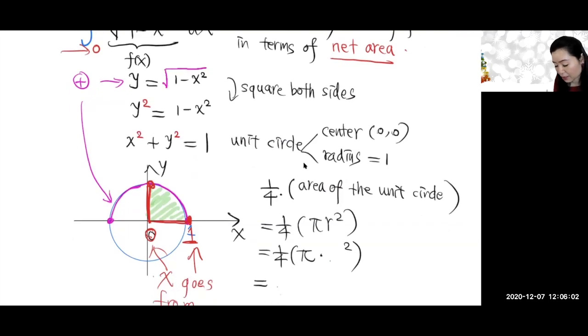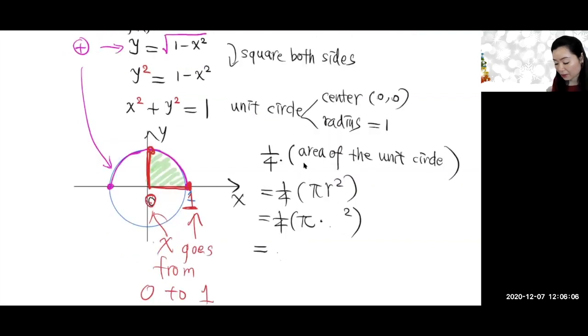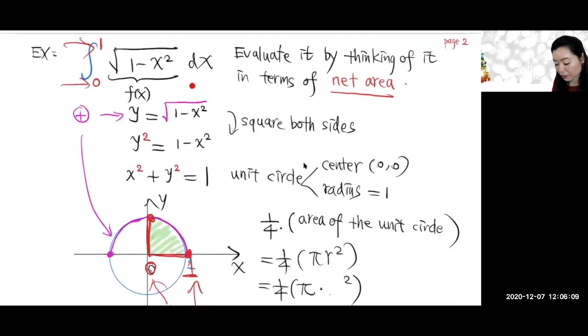Now this integral corresponds to the area under this pink curve, with x going from 0 to 1. Then the area under the curve is this green highlighted area. So we can find this integral by interpreting it as this area.